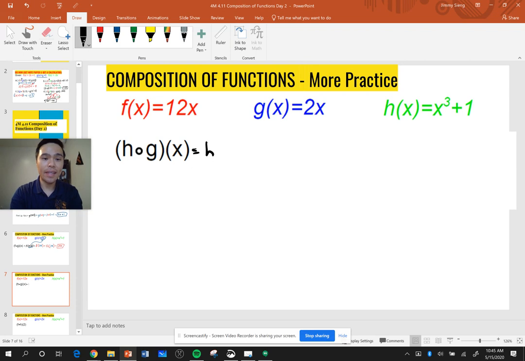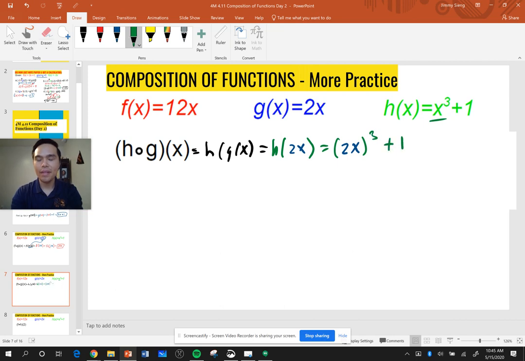That translates as h of g of x, which is my green function, h of my blue function, 2x. And then we're just following that now, right? So our x value, we're going to replace it with 2x to the third power plus 1. So remember with this third power, that is saying times through to each one of those, right?